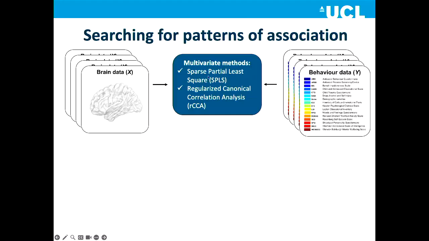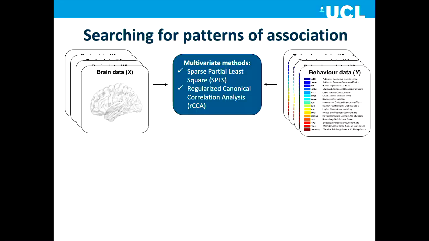For people who might be familiar with partial least squares and canonical correlation analysis, SPLS and regularized CCA are just extensions of these traditional statistical methods, but now embedded in the machine learning framework with regularization, which makes them applicable to very high dimensional data. Even though PLS and CCA cannot be applied to very high dimensional data, the regularized versions can. Even if you have more features than samples, we can apply these regularized machine learning versions of these approaches.